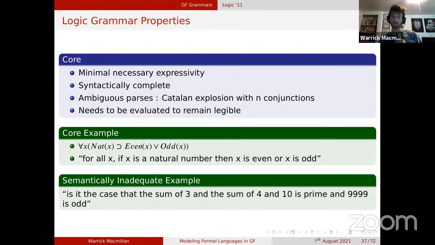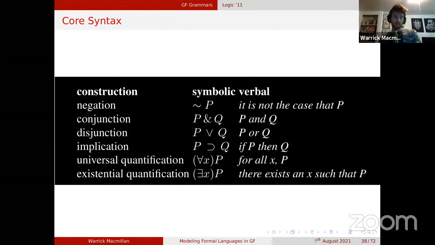And in order to parse that, you would probably need to work through it with a pen and paper, especially if there were any more run-on expressions. So here's the core syntax. It's basically the same syntax I showed earlier with the natural language way of expressing it.